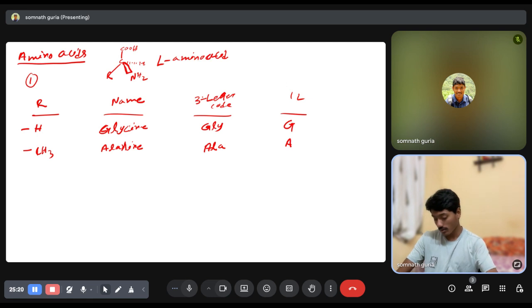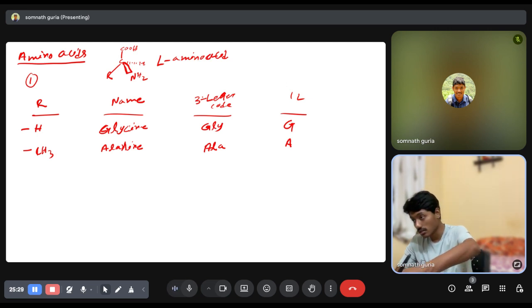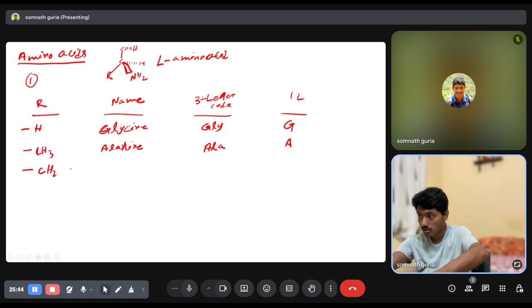Now, if we introduce some other aliphatic group in our aliphatic chain, CH over here, CH3, we are introducing an isopropyl group.